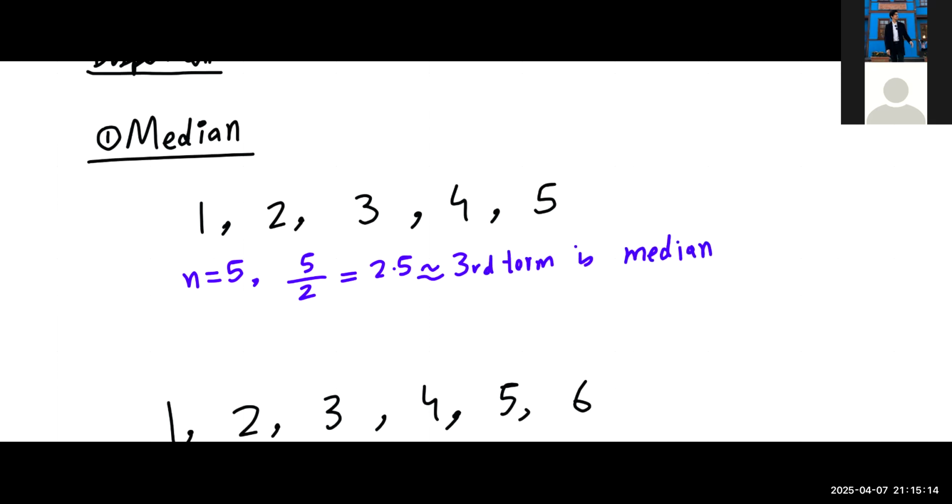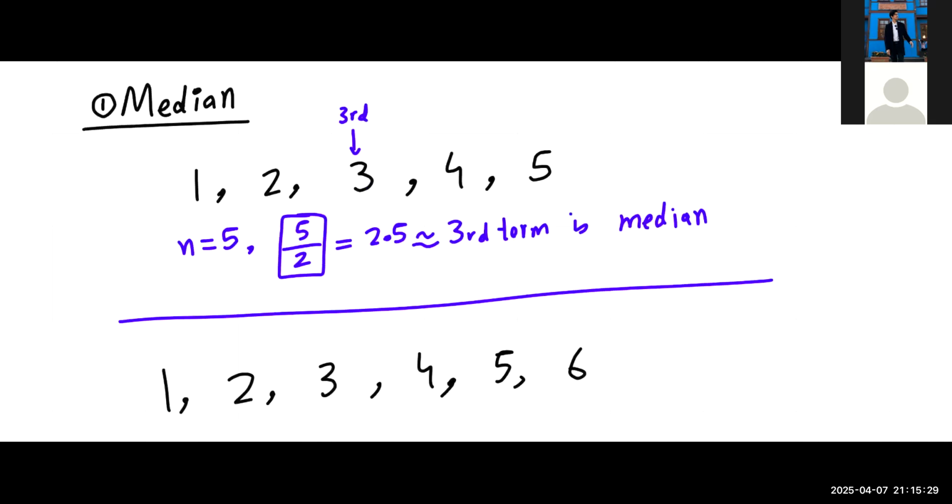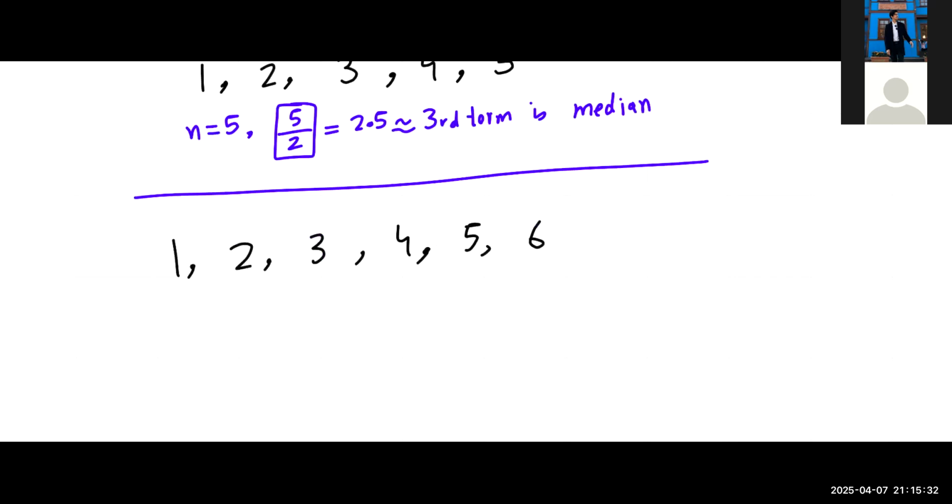Okay, so divide it by 2. If you get a decimal, round the decimal up. That term is your median. So the third term is your median. Okay, it's as simple as that. However, what if you have another situation? By the way, is this clear?